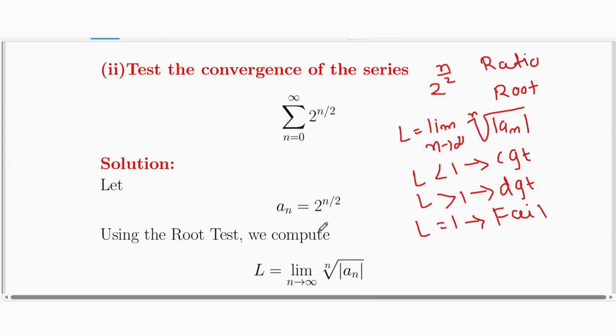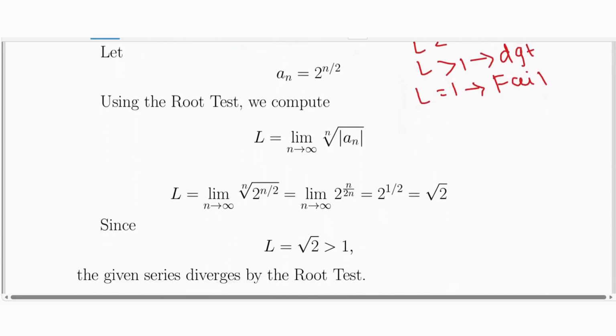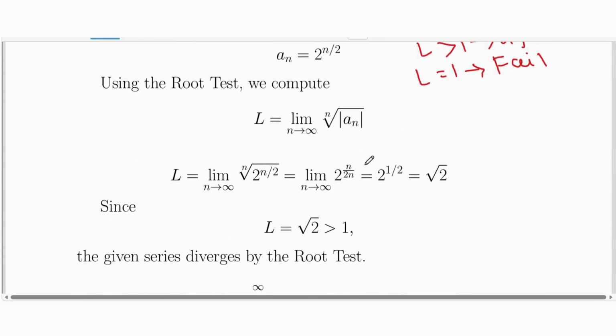Let AN be equal to 2 raised to n by 2. This is my nth term. Using the root test, we compute limit L equal to limit n tends to infinity nth root of mod of an. So an is 2 raised to n by 2, which is a positive term, so after removing the absolute value, 2 raised to n by 2 remains as it is.